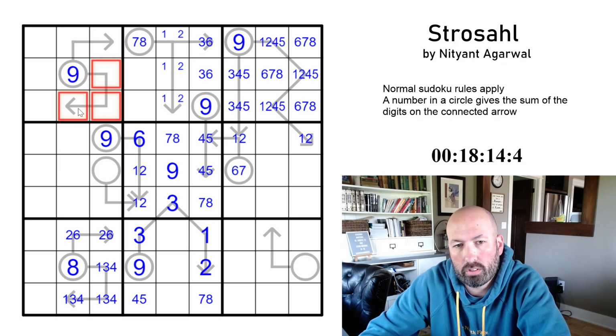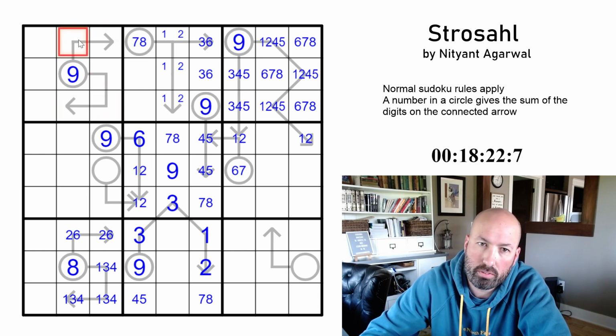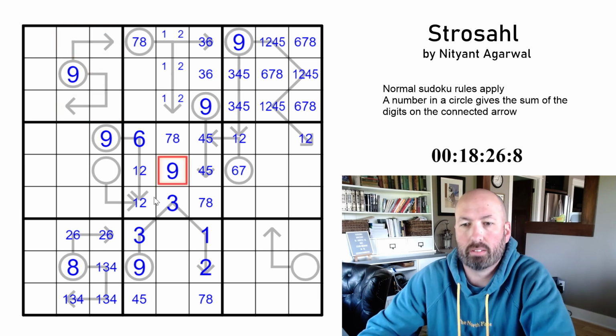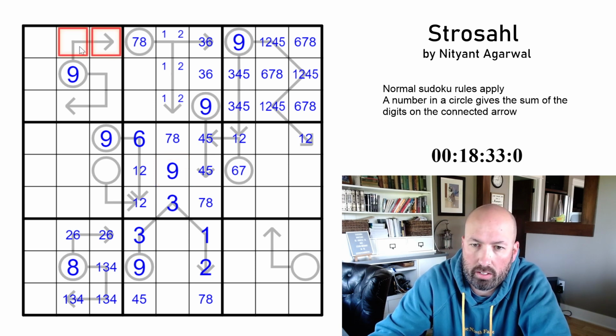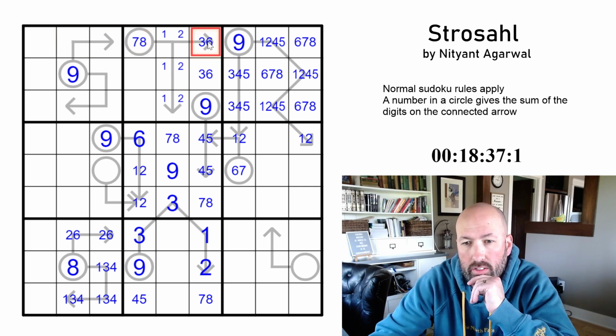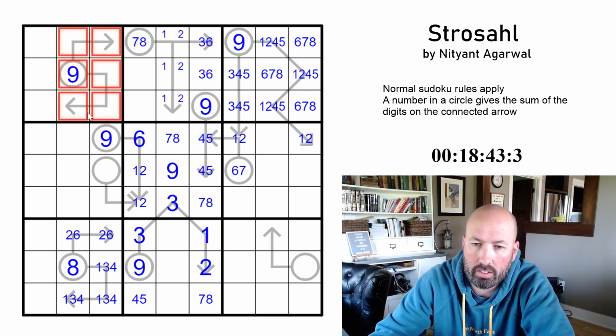Okay, 1, 2, 6, you could have 4 and 5. 1, 3, 5, you could have 2 and 7. 2, 3, 4, you could do 1 and 8. All of those are possible. And you don't even necessarily have a 7 or an 8 because you can do 4 and 5 here. You can't do 3 and 6 because that would take away both options from that cell, but a lot of options here.